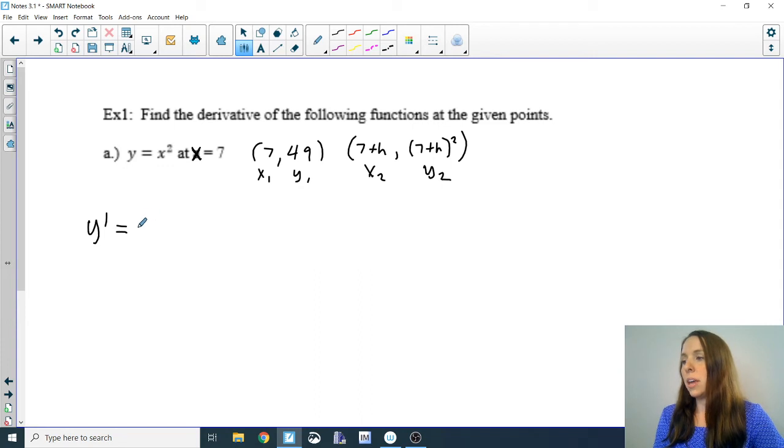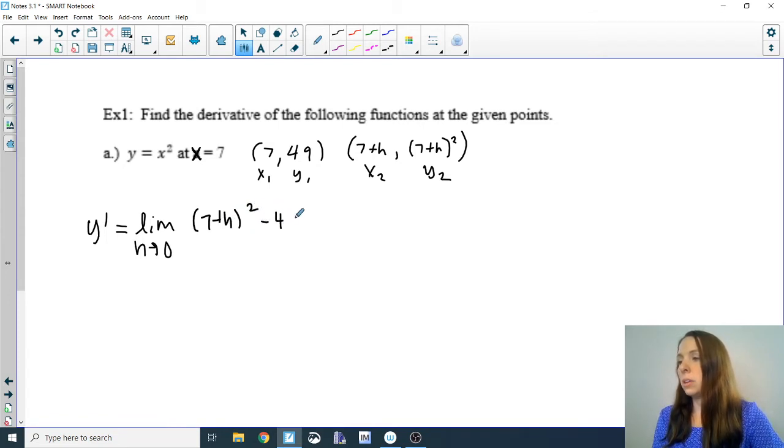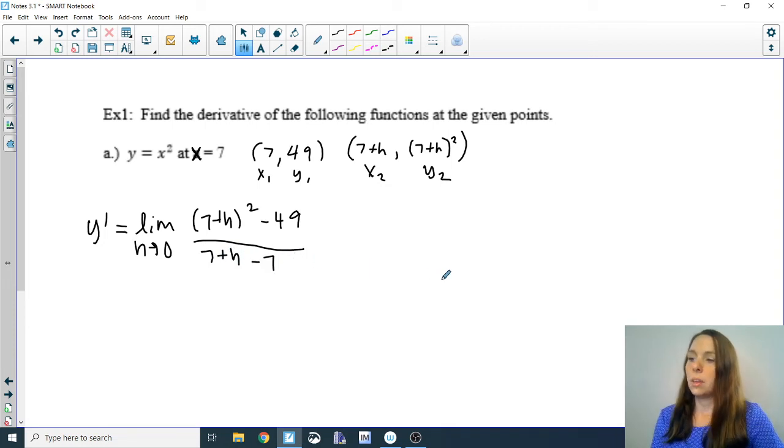It's nice and easy. And then the very first thing is always, let's write the limit as h approaches 0 of the slope between these two points: y2 minus y1 over x2 minus x1. Some students say, come on, we've seen so many of these.